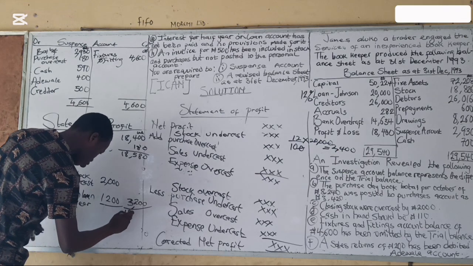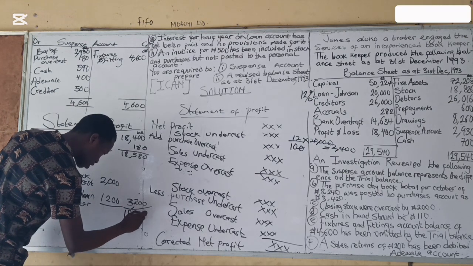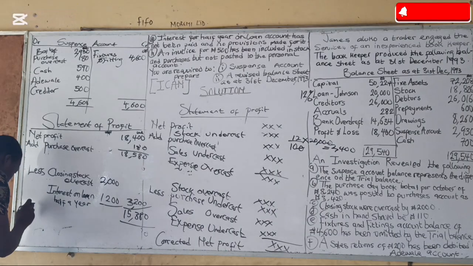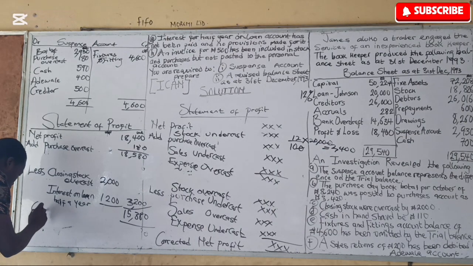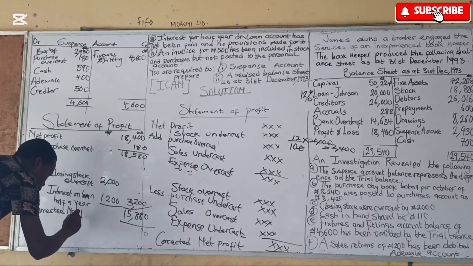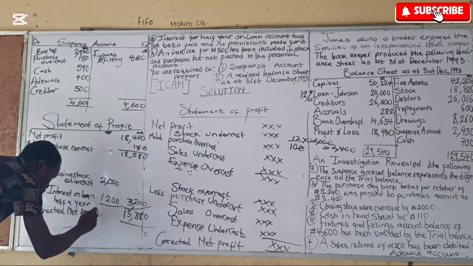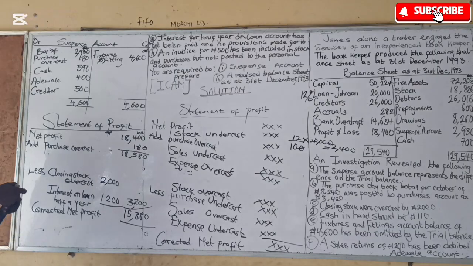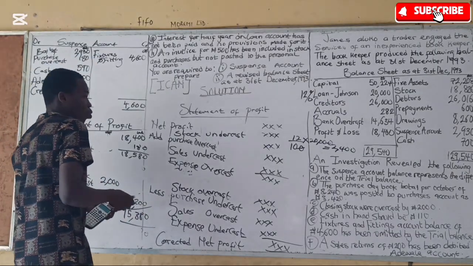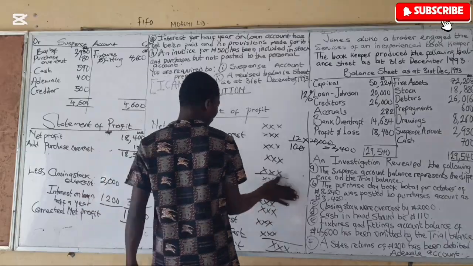That is 15,380. So 15,380 is our corrected net profit. So our corrected net profit is 15,380.